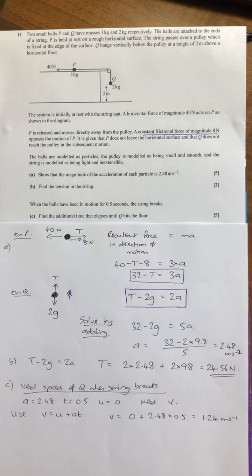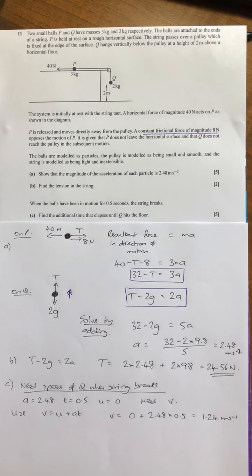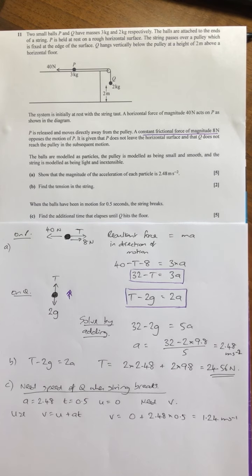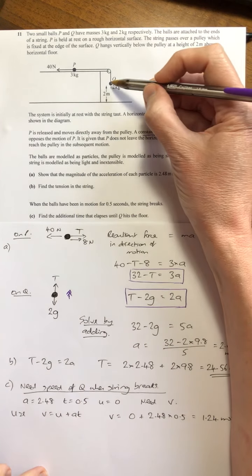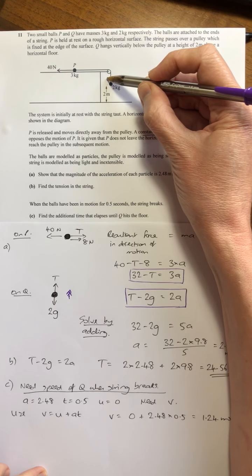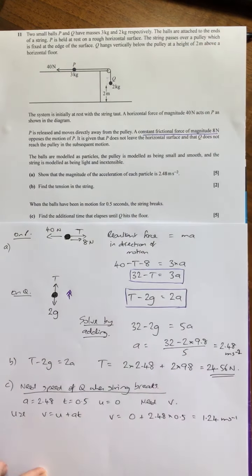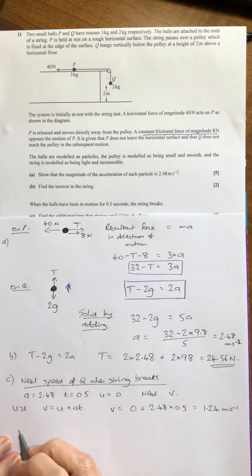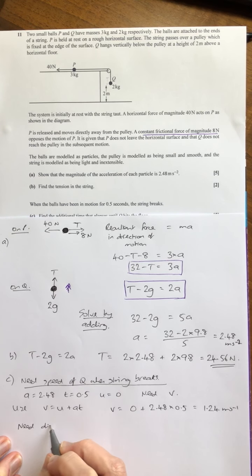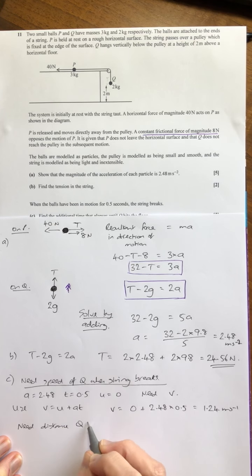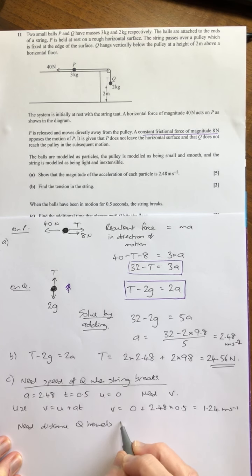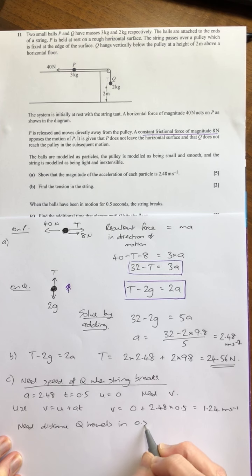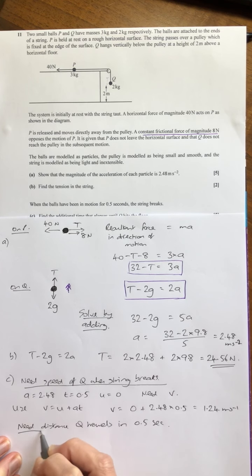Okay, so I also need to work out how far Q travelled in that time. So I need to work out now how far Q is off the floor for when I consider this the new acceleration, so the new part of the motion. So I also need the distance that Q travels in that 0.5 seconds.